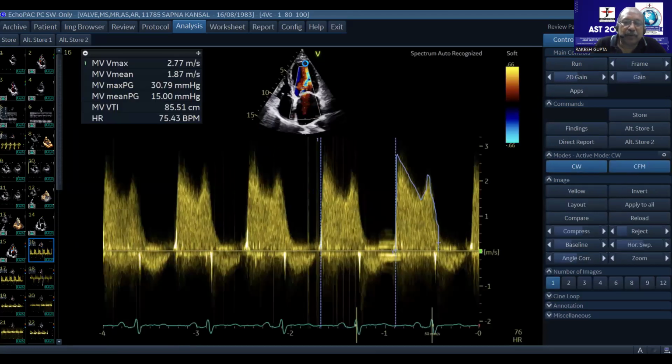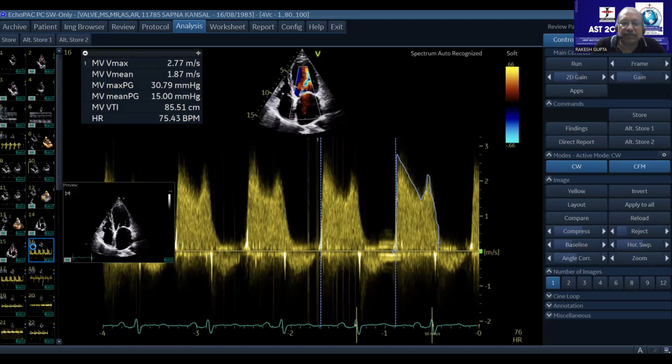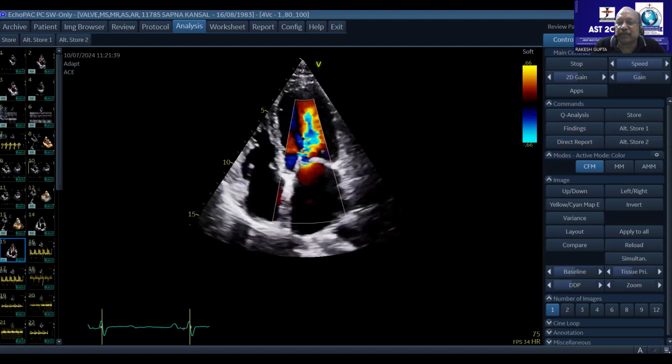Then what we did, we put a continuous wave Doppler across this mitral valve because so much turbulence was seen. I could keep a pulse wave sample volume across these mitral valve leaflets.